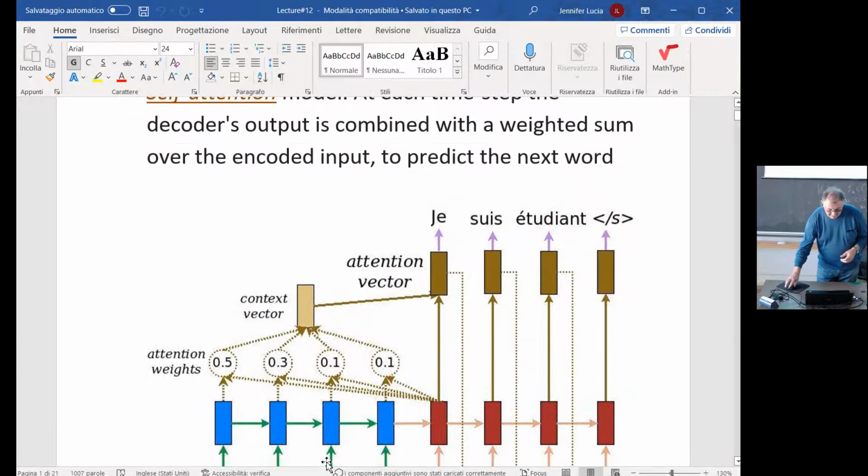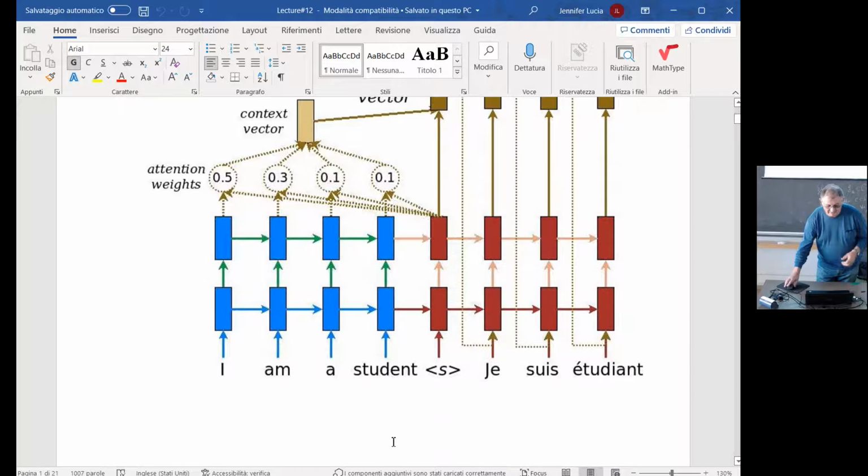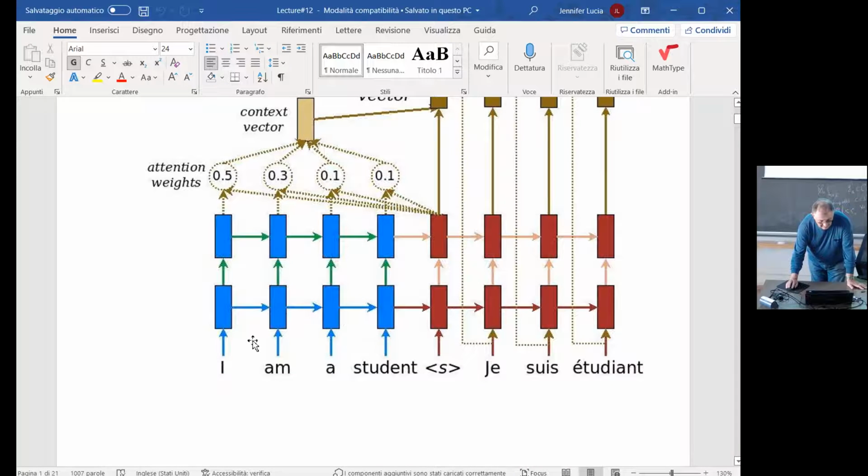And what is the theory of self-attention? Self-attention means that, for example, you see, on the input of our neural network, which surely has a convolutional structure, yes, it is a typical convolutional network, "I'm a student."